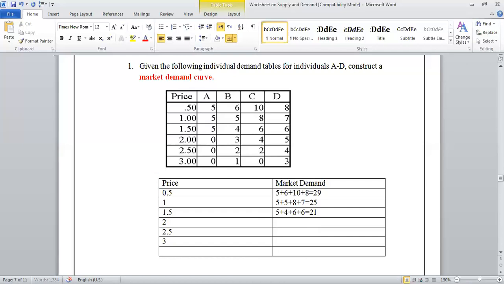At a price of 2, you have 0 plus 3 plus 4 plus 5, so you have 12. At the price of 2.5, you have 0 plus 2 plus 2 plus 4, so you have 8. And at a price of 3, you have 0 plus 1 plus 0 plus 3, so you get 4. This is how you do it.